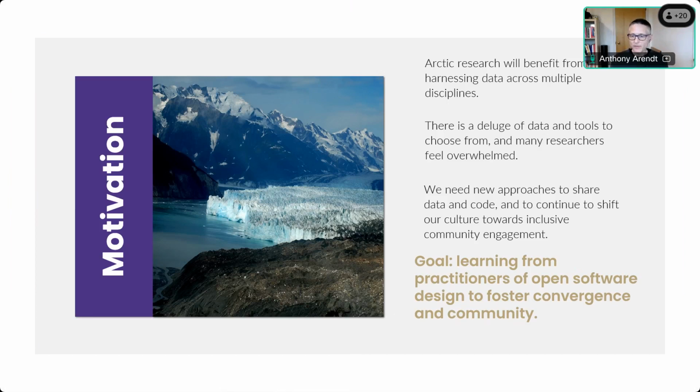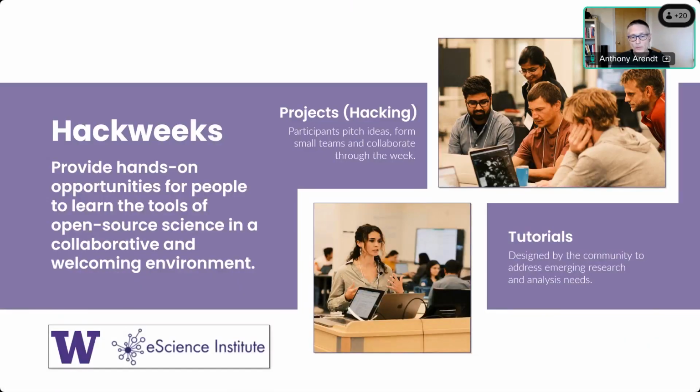So what I'd like to bring today is the things that we've been learning at eScience around open software design and how this can foster this sort of convergence and community that really relates to the overarching goals of iHARP as well.